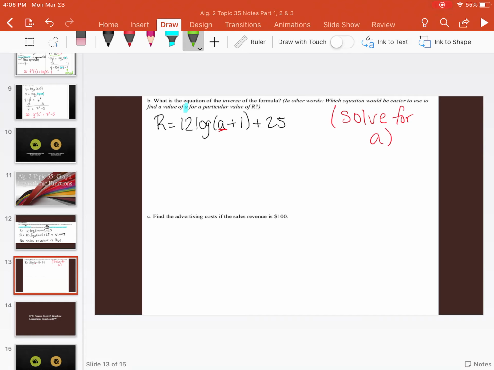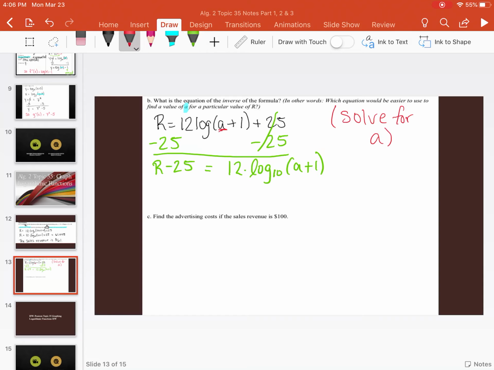So what we're going to do first is we're going to subtract 25 from both sides. And we'll get R minus 25 equals 12 times log base 10 of A plus 1.